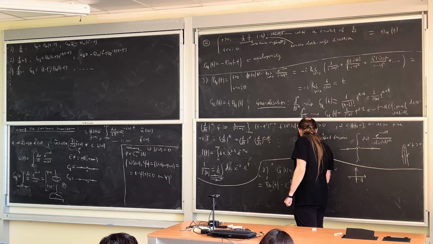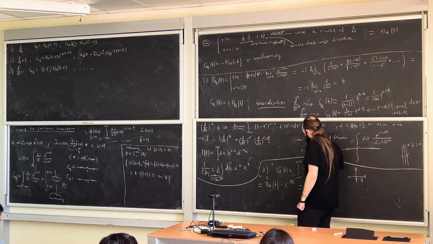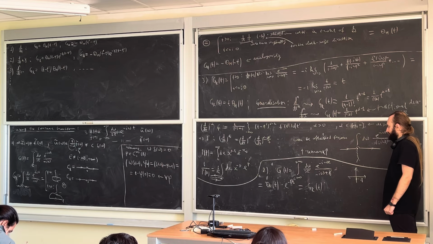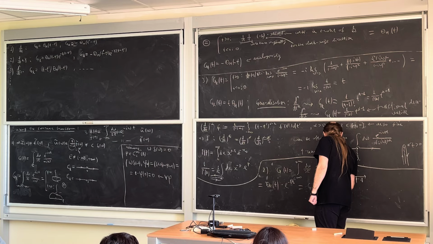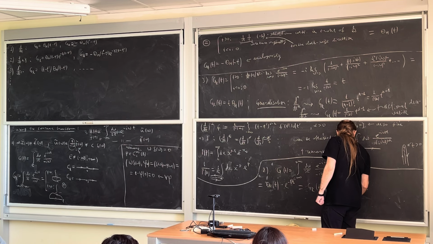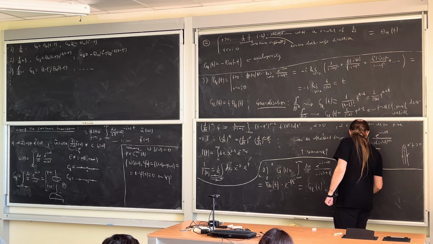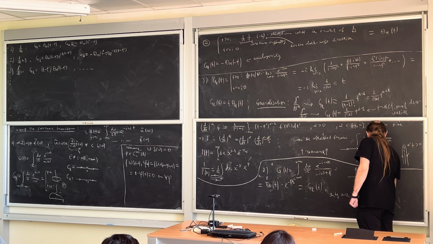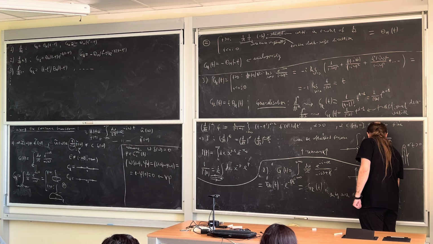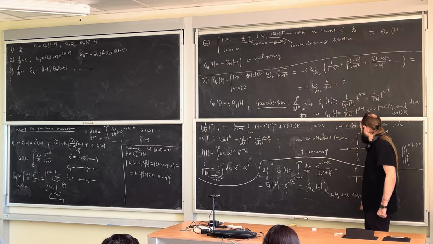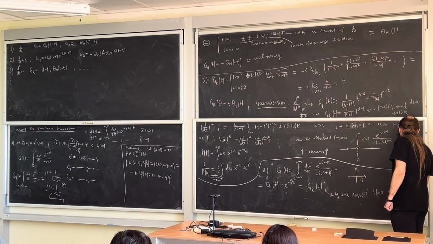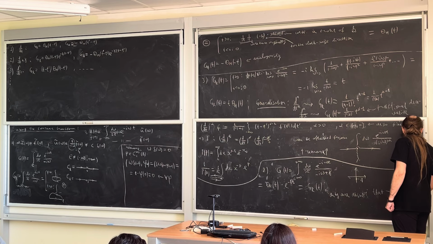So we naturally get just one green function. We only get a function that goes to 0 when t minus t prime goes to infinity.